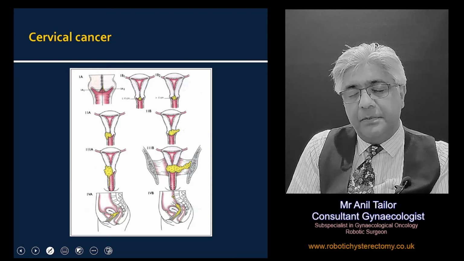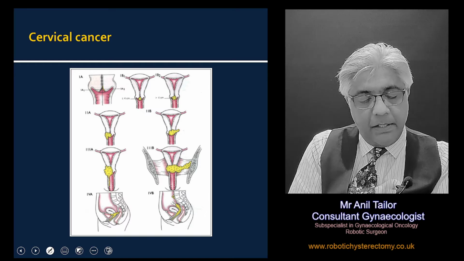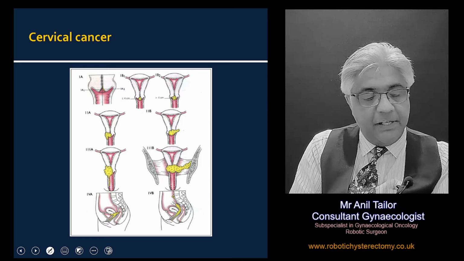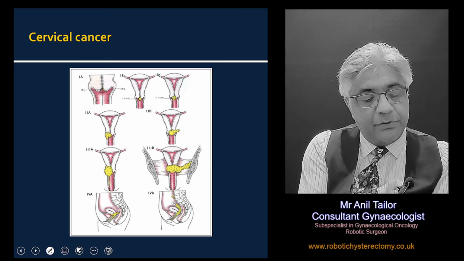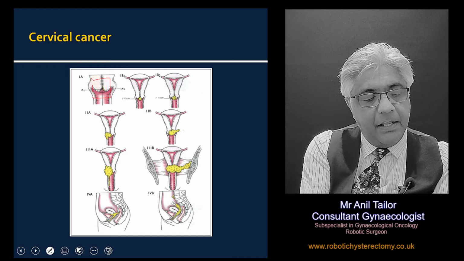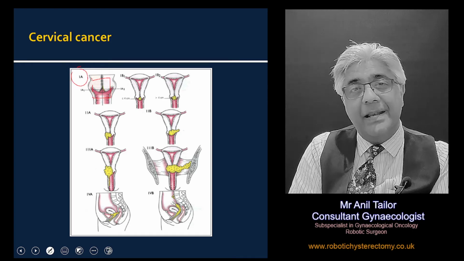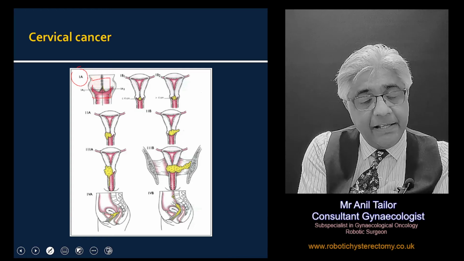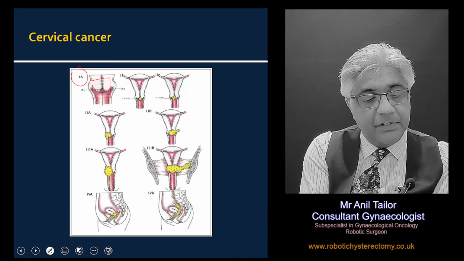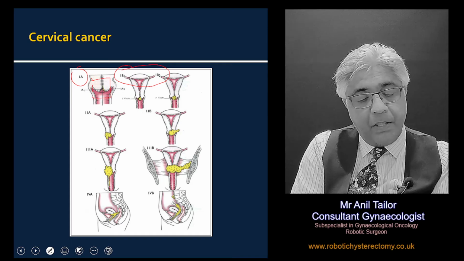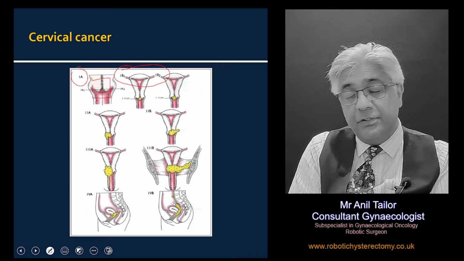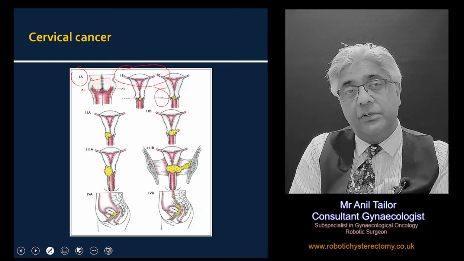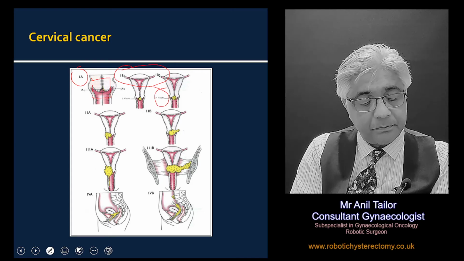There is a newer staging system, but the old one will serve our purposes for explaining staging. So when it is still in the microscopic phase, it is said to be stage 1A. When it becomes slightly bigger, but still confined to the cervix, it is stage 1B, and it can be divided into stage 1B1 or 1B2, depending on the size of the lesion on the cervix.